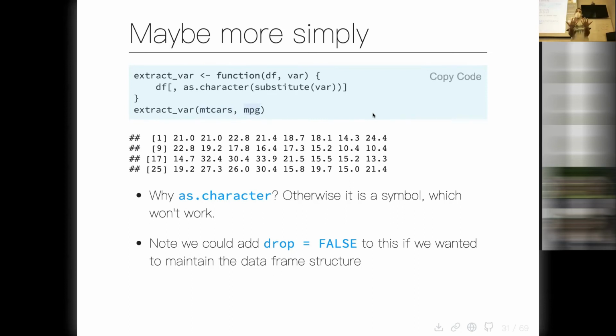And so you'd usually have to pass that as quotes, but you don't in this case, and that's exactly why substitute is needed: to quote it and then evaluate it in the correct spot. Otherwise, it's going to be looking for an object called mpg that is in your function or in your workspace. Good clarifications. Anything else?